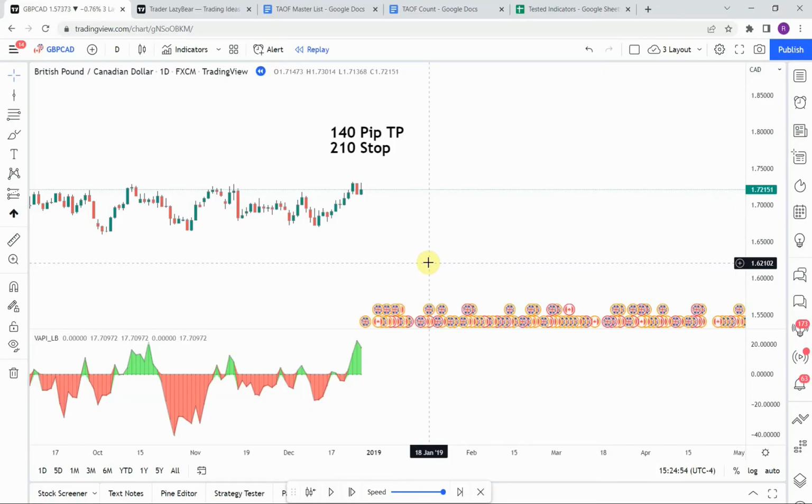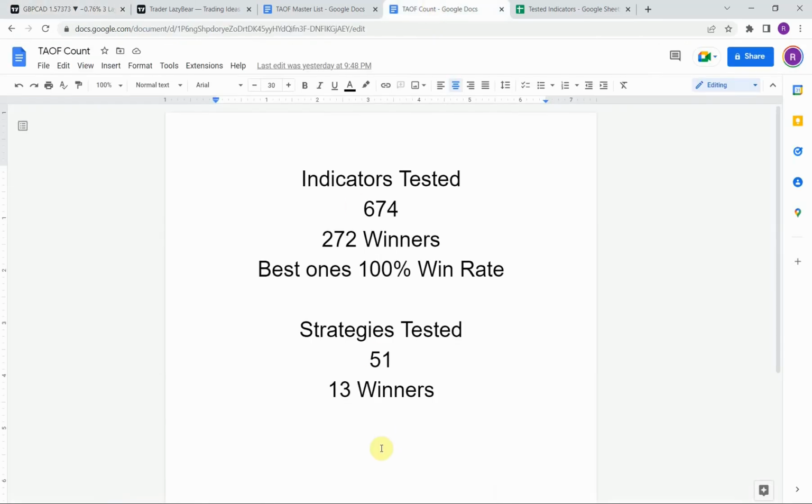Alright, as I said, today we will be testing the volume accumulation percentage indicator. Before we do though, I wanted to put the testing scoreboard up for everyone to see. So to date, we have tested a total of 51 different strategies, with 13 of them being profitable. We've also tested a total of 674 indicators, with 272 of them being winners.